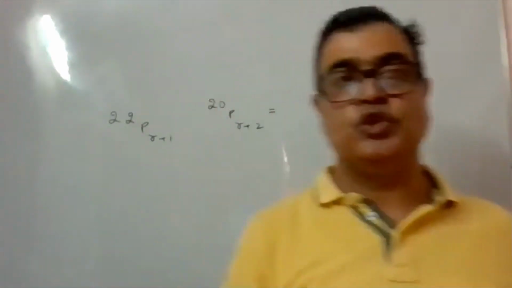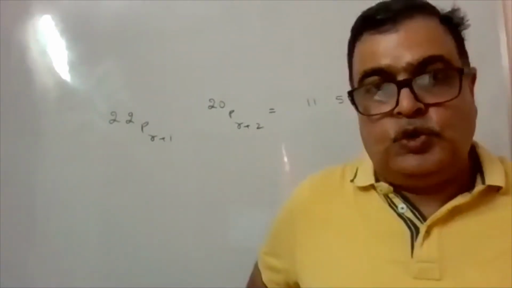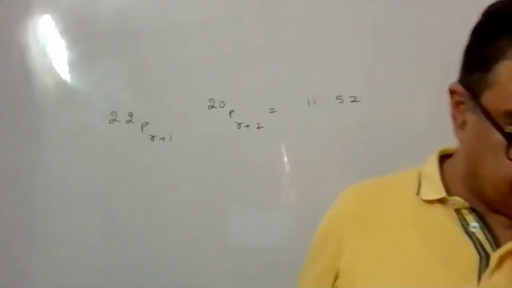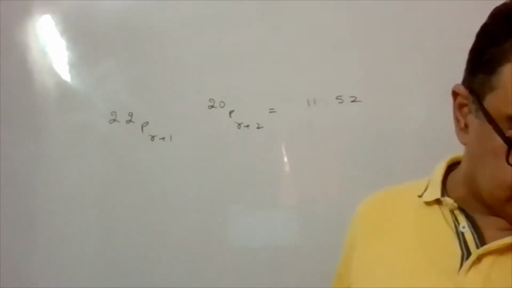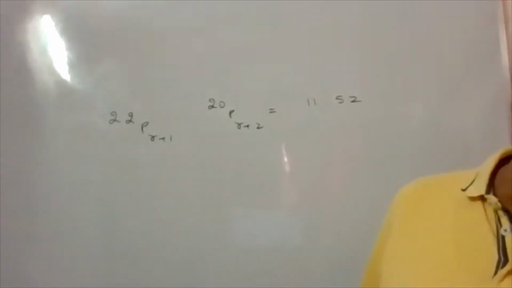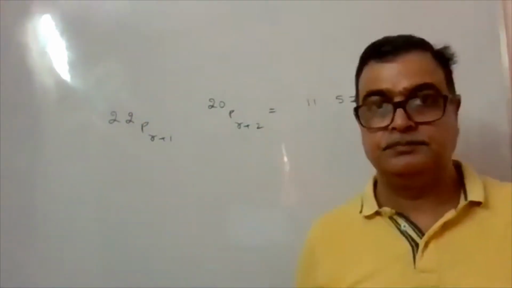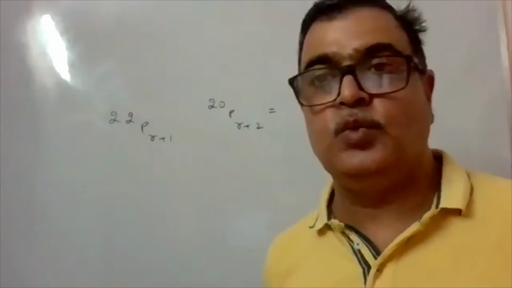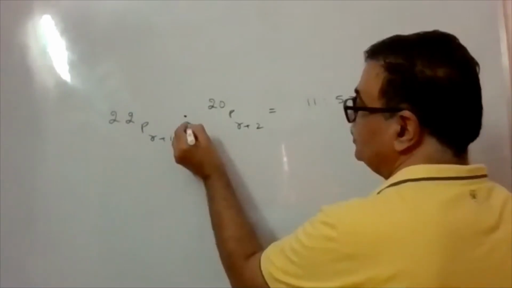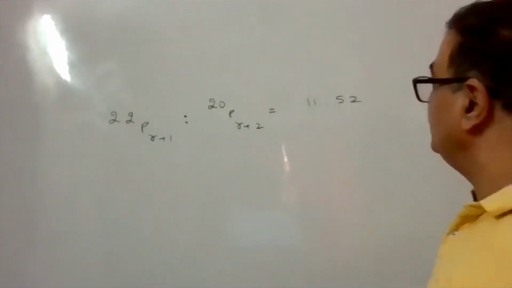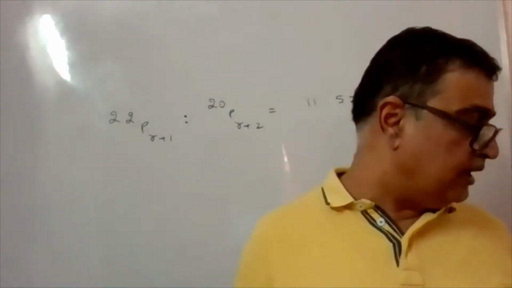My question is, find what should be R if this is given: 22P R plus 1 ratio 20P R plus 2 equal to 11 ratio 52.